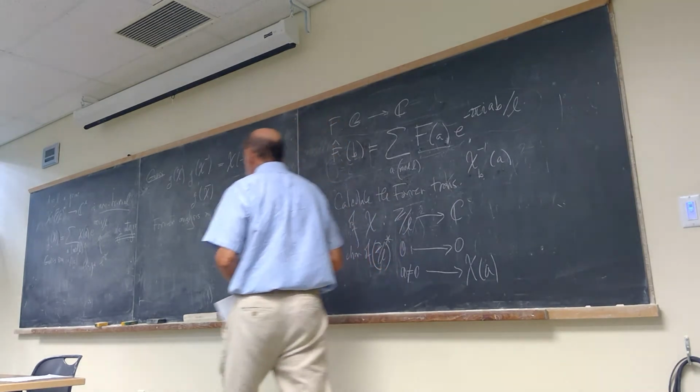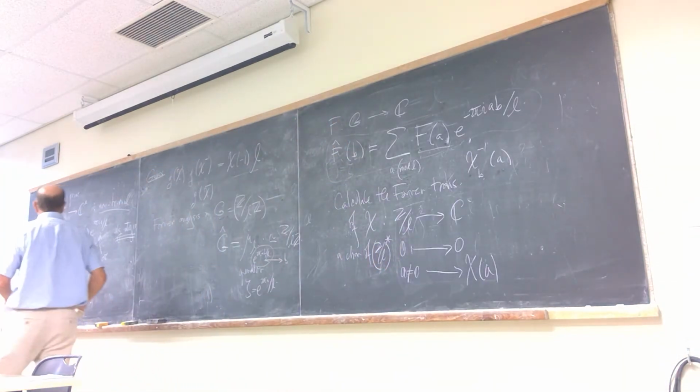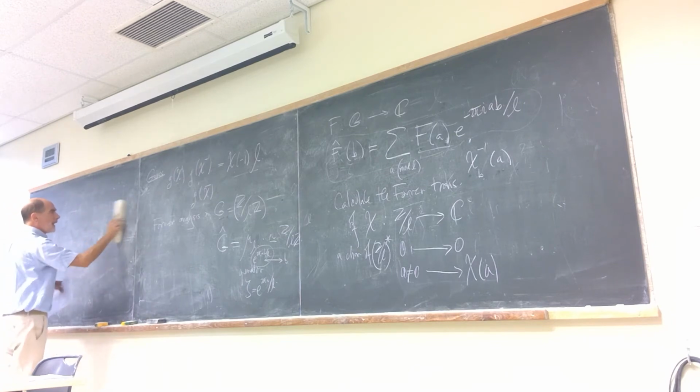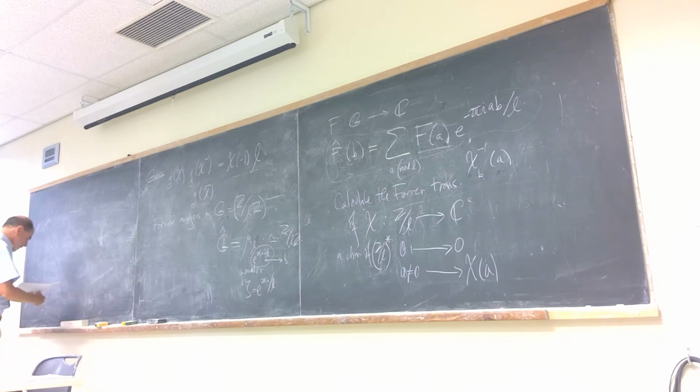Okay, let's do it. Let's figure out what it looks like. And then we'll get Gauss's lemma out of Fourier duality. Well, what is chi hat of B?